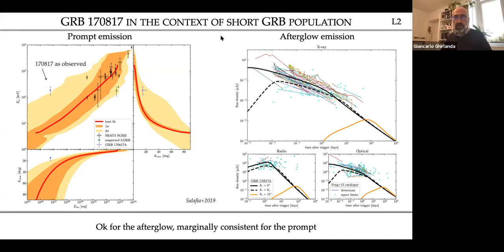So the plot and the points are real. These are normal short GRBs. This is the position in the peak energy, isotropic energy plane of 1708-17 as it was observed, which is the same for the black points. These are the observed, rest frame properties of these short GRBs.